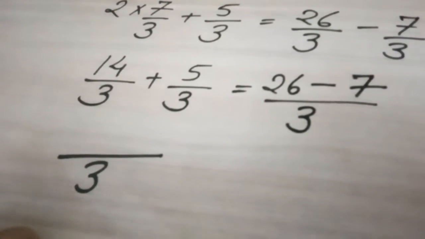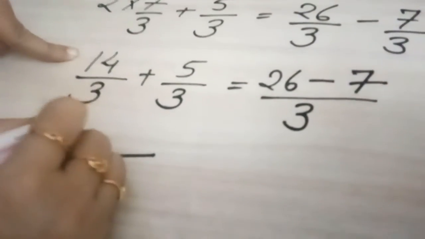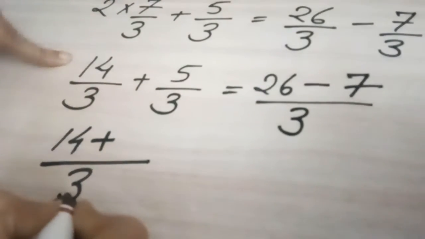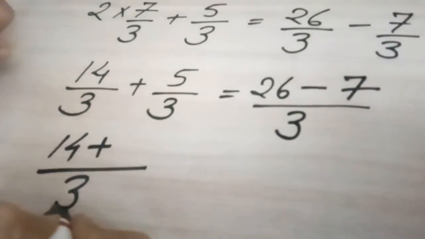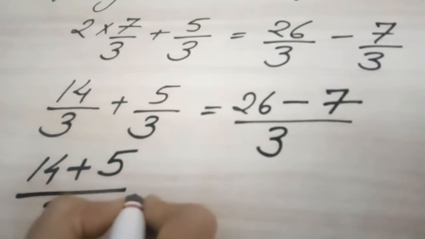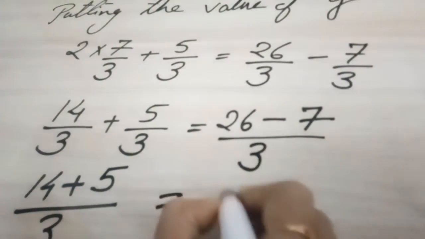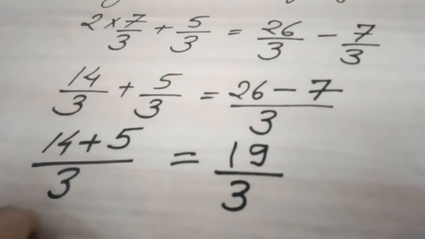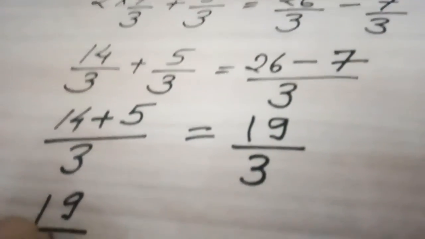Now same process here, it is 3, LCM is 3, LCM divided by denominator means 3 divided by 3, 1 answer. Whatever answer you are getting, that you will multiply by 14, so 14 into 1 will be 14 only, plus similarly here 3 divided by 3, 1 into 5 will be 5, and when we subtract here, we will get answer 19 upon 3, and when we add, we will get 19 upon 3.